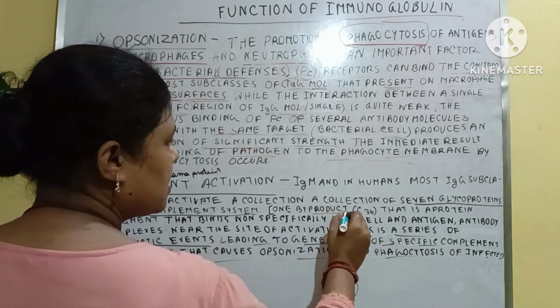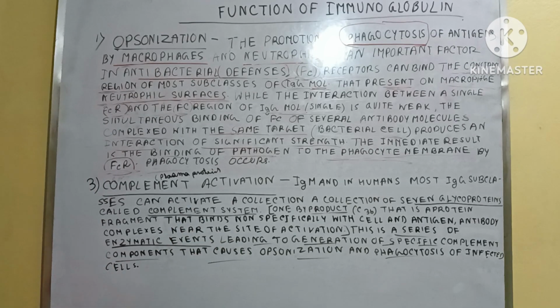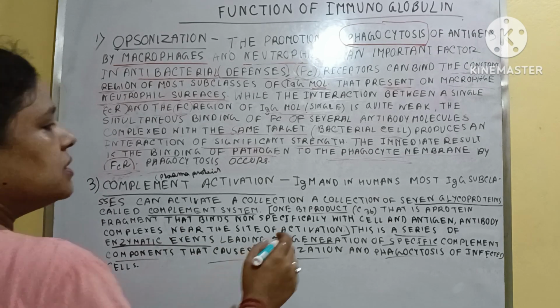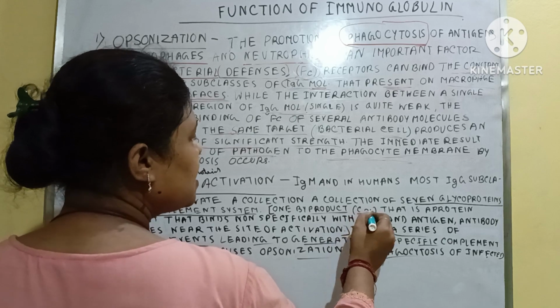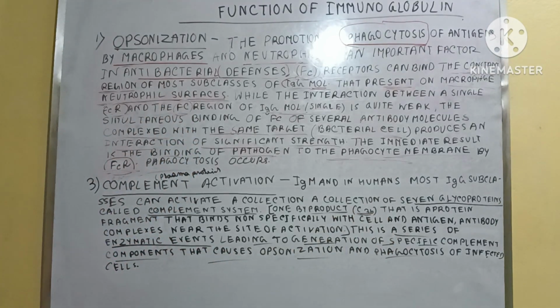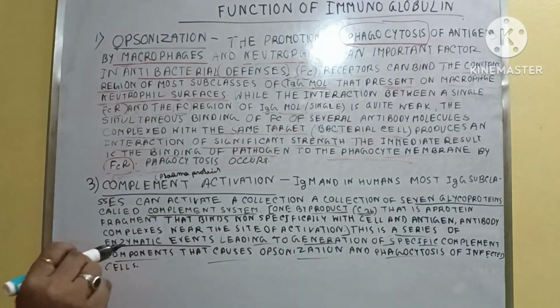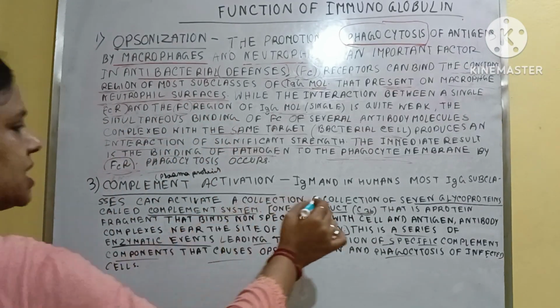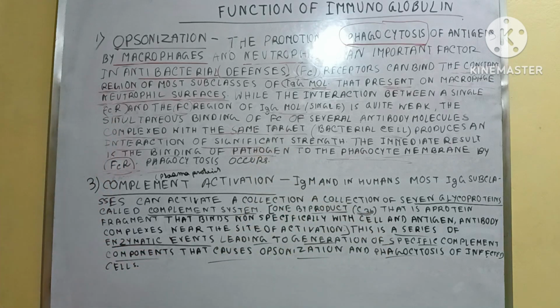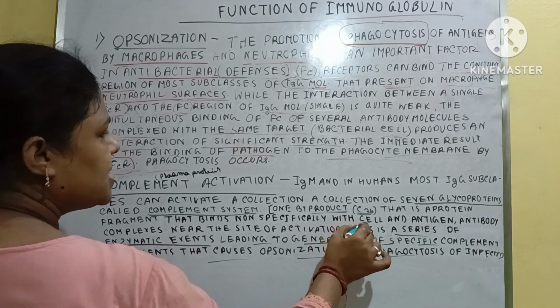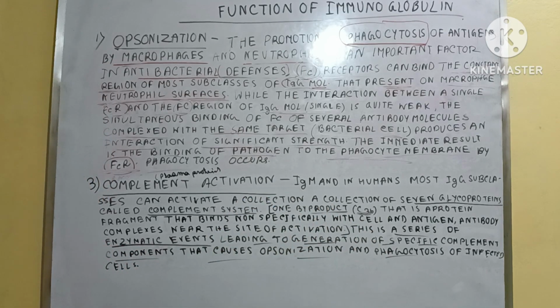Another important example is explained here. Suppose in the complement activation situation, the important byproduct is C3b, or complement 3b. That is a protein fragment, and the production of this protein fragment induces binding non-specifically with the cell. Okay, specificity is not necessary. That means it attaches to a bacterial cell or to a virus cell.